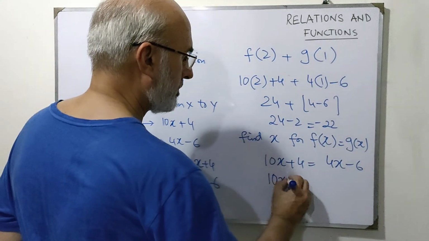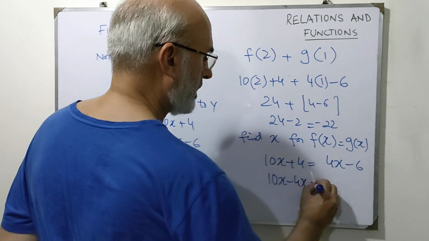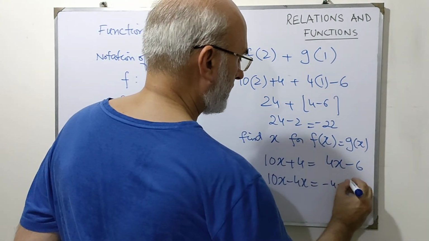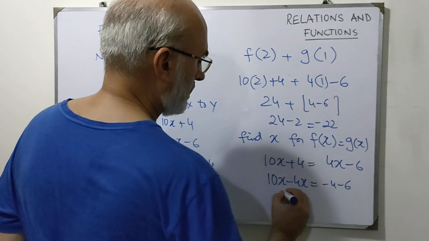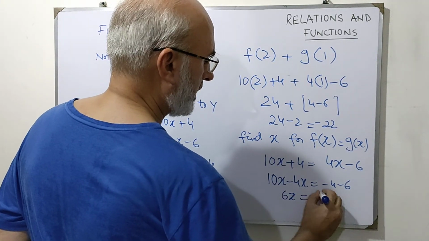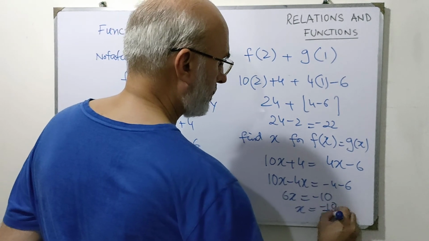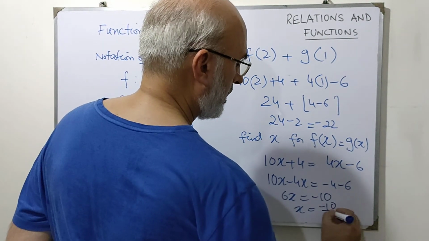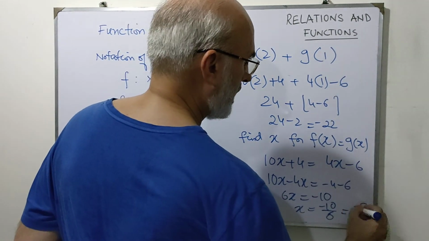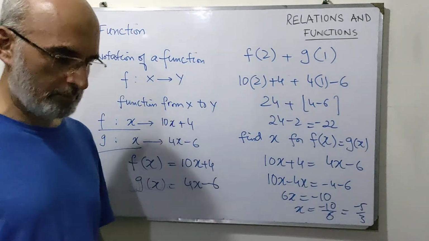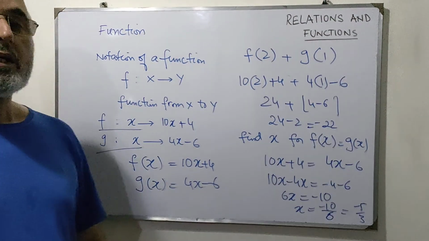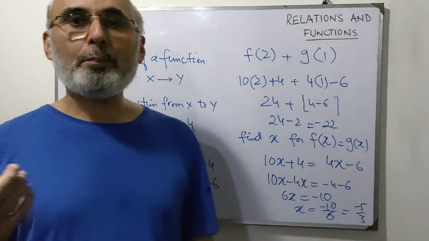So 10x minus 4x is equal to minus 4 minus 6. So 6x is equal to minus 10. So x is equal to minus 10 over 6, which is minus 5 over 3, or you can write it in mixed form.